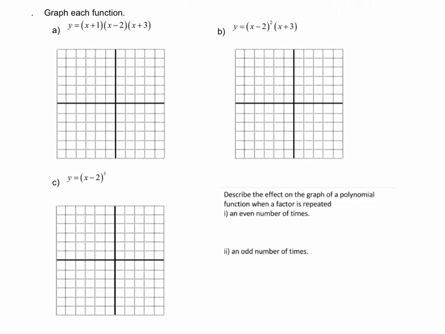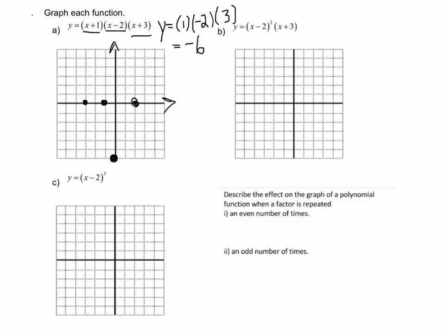Our first one, let's find our x-intercepts first. The x-intercepts for this one are going to be negative 1 for this factor, plus 2 for this factor, and negative 3 for this factor. Finding our y-intercept, we're setting x equal to 0, so we would have y equals 1 times negative 2 times 3, which gives us negative 6, which would happen right here.